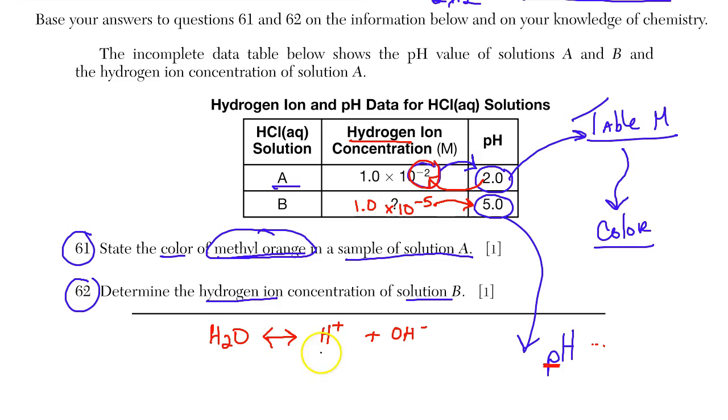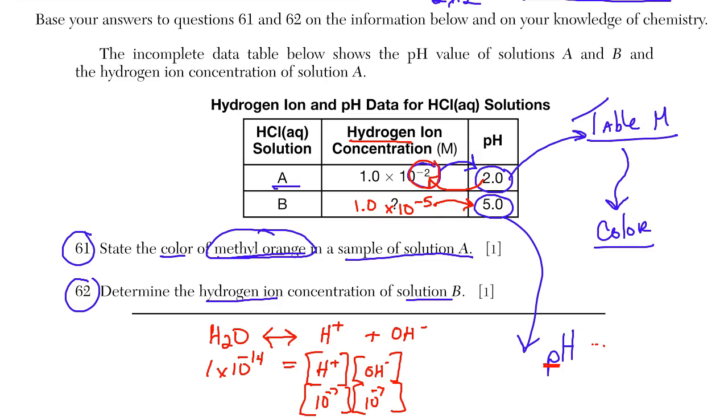But if you were to multiply the H plus ion concentration times the hydroxide in water at a certain temperature, you get 1 times 10 to the negative 14, and there's your 14 scale. And if you have pure water, and because one water breaks apart evenly, both of these numbers are going to be the same, 10 to the negative 7. And when you multiply them, they give you 10 to the negative 14.